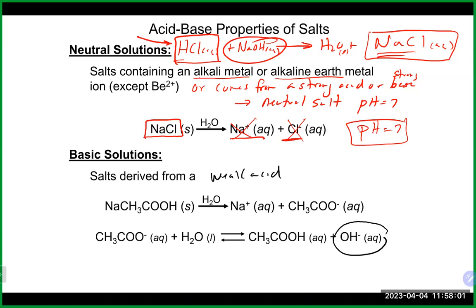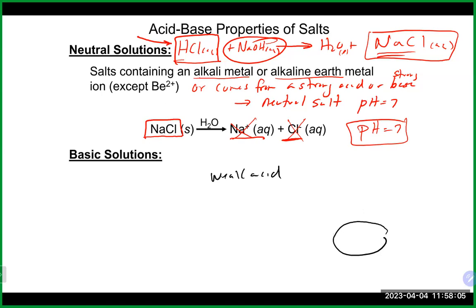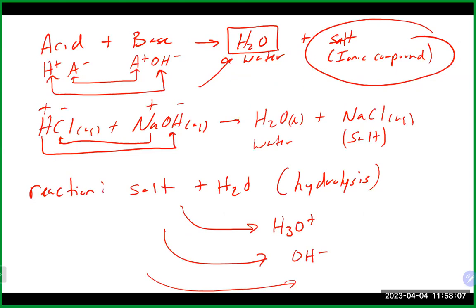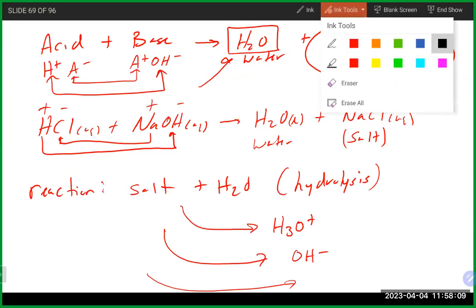Now, let's talk about acidic salts and what happens with acidic salts. We can get acidic salts through a reaction of a weak base with a strong acid.